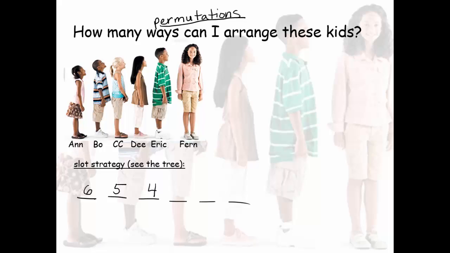After 3 kids are locked in, I have 3 to choose from, and then 2, and then 1. If you imagine a tree diagram, this is 6 branches with 5 branches at the end of every branch. So that's like 6 times 5 with 4 branches at the end of all of those branches. So that's times 4 times 3 times 2 times 1.